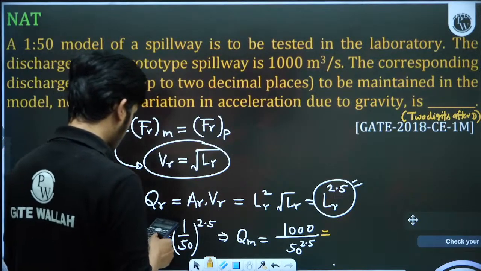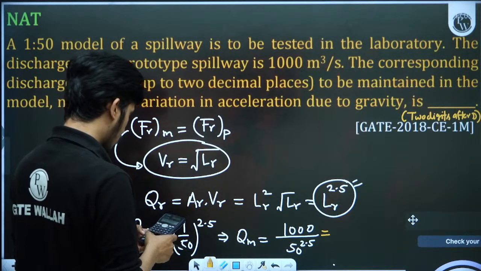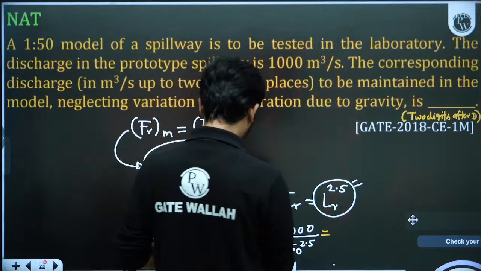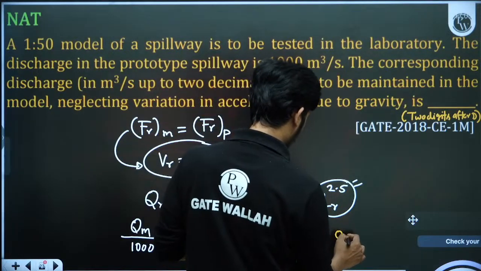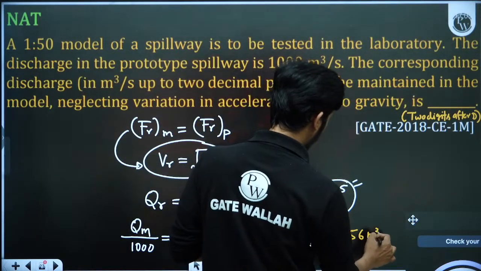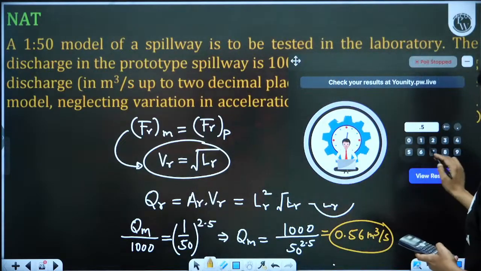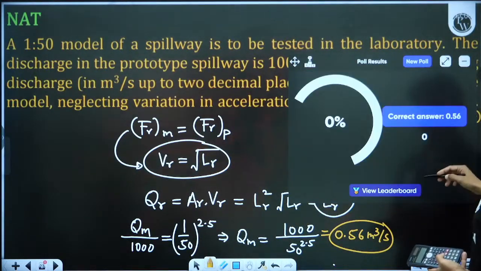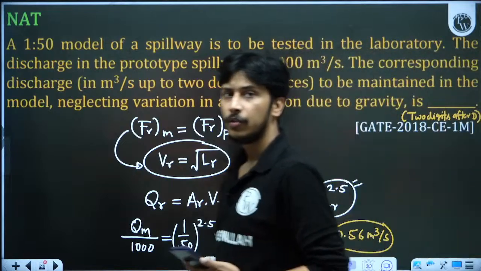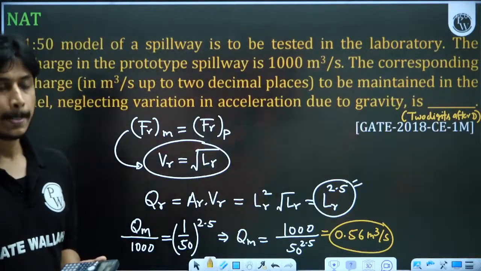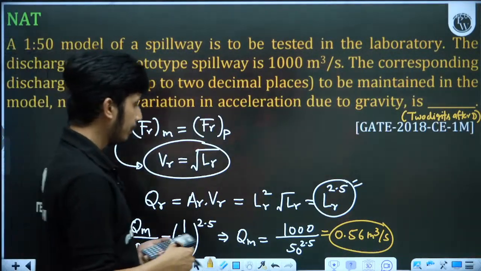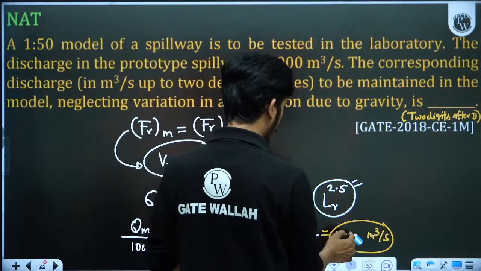So 1000 divided by 50 raised to the power 2.5 will be 0.566. So 0.56 we will give as the answer. 0.57 is also correct, but I will give only one answer now. 0.056, sorry.